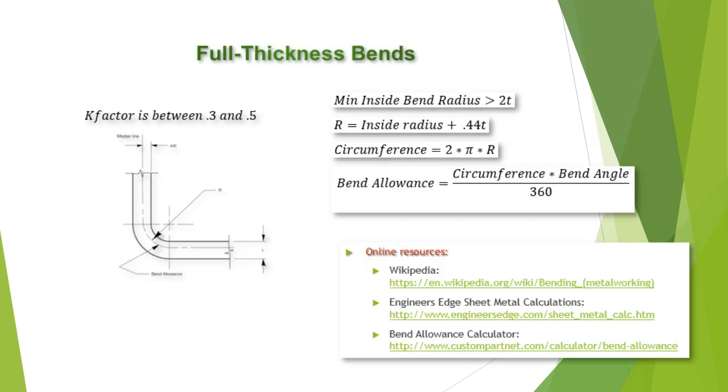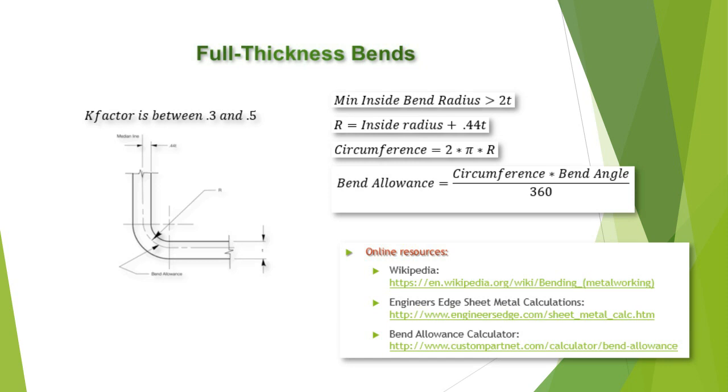So let's talk a little bit about full thickness bends. When you take a piece of metal and you bend it around a tool, basically you have a 90-degree shaped piece of metal that we're bending, and the material compresses to the inside of the bend and stretches to the outside of the bend.